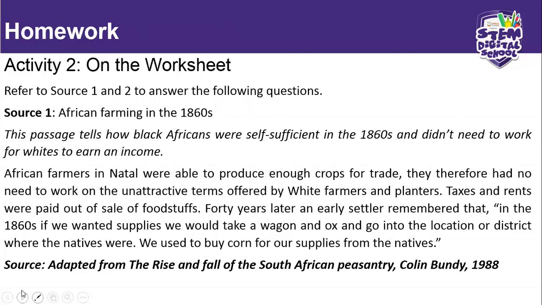So that source was adapted from The Rise and Fall of the South African Peasantry by Colin Bundy, 1988. So that is source 1. Just a few seconds, have a look at it or read again.